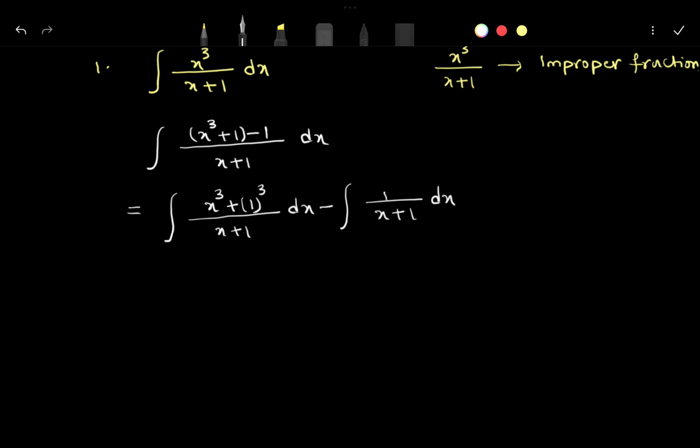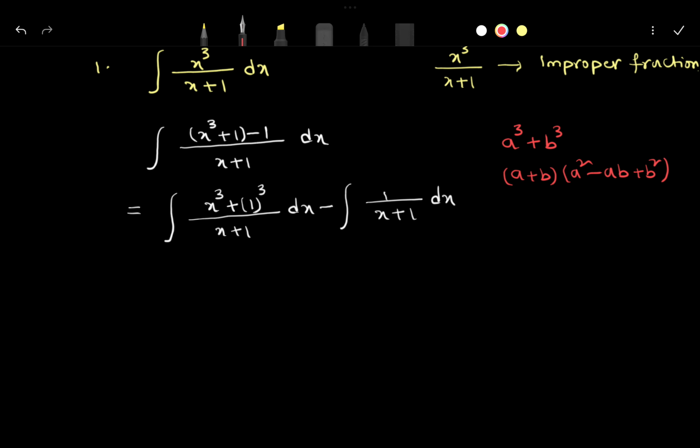After that, we know the integration of a cube plus b cube. What is the a cube plus b cube formula? It is a plus b into a square minus ab plus b square.